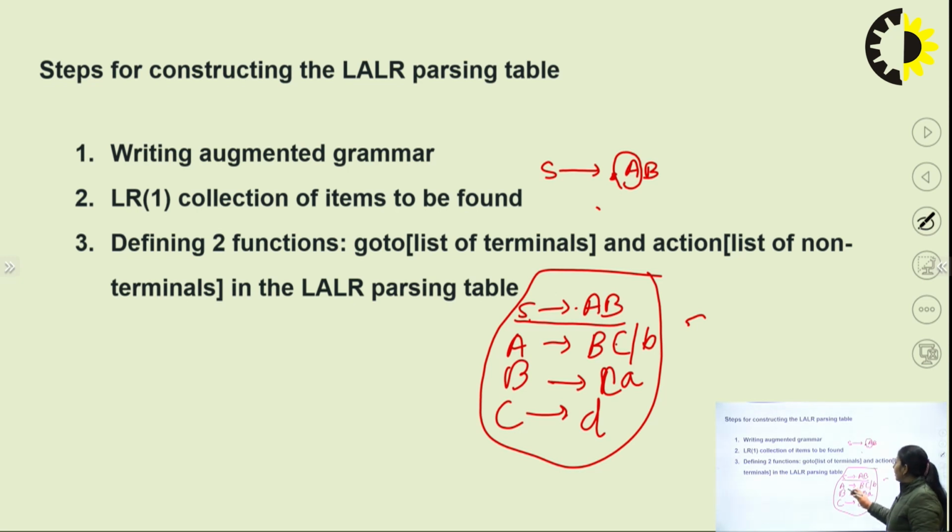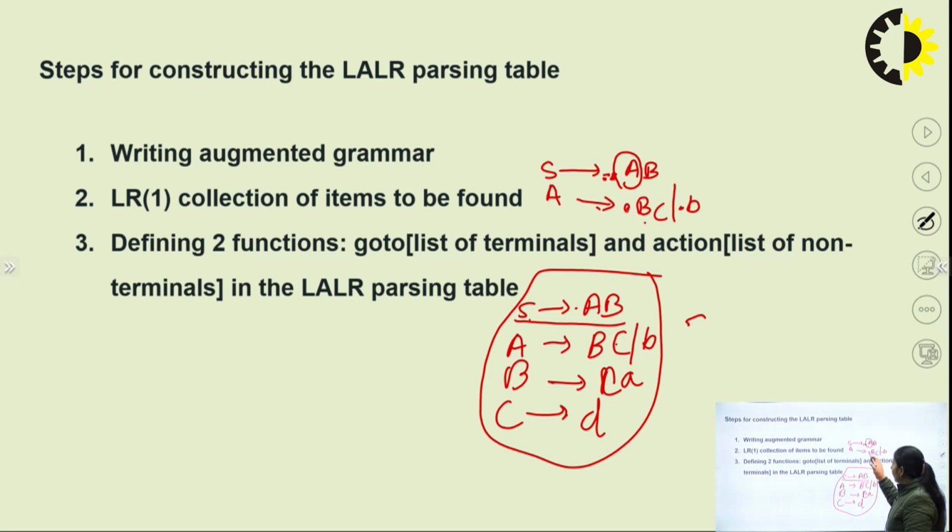Like, if the production of A is A gives BC slash B, then A gives dot BC slash dot B. So what we have done? We have placed the dot that precedes BC and B.